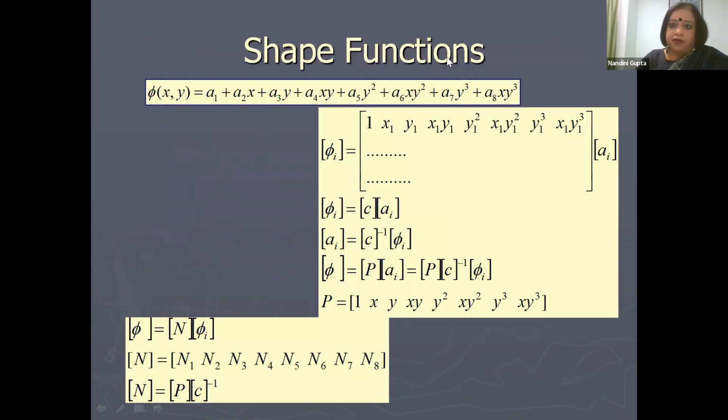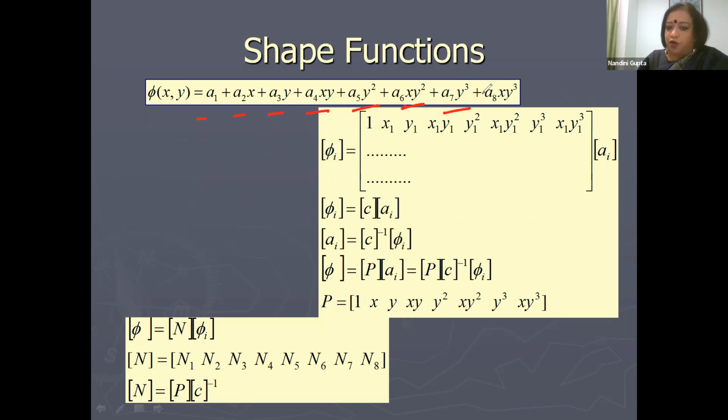So I will retain all the terms which have only the first order x. So I have a1, a2x plus a3y, these 3 linear terms. Then I have a4xy, a5y square, x square is dropped, but xy square is retained.